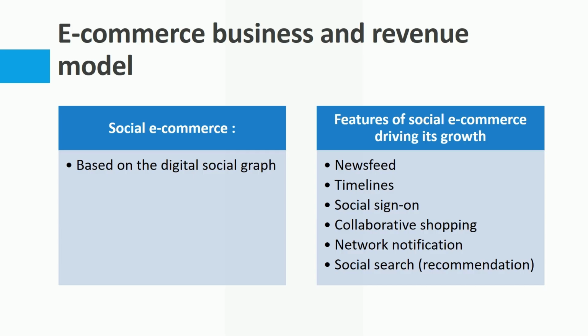Collaborative shopping lets a friend share ideas about what to buy, and network notifications keep users informed about the activity in their social circles. And the next one is social search, which will recommend products based on what friends like and what friends like to buy. These features make shopping online more fun and interactive, driving the growth of social e-commerce.